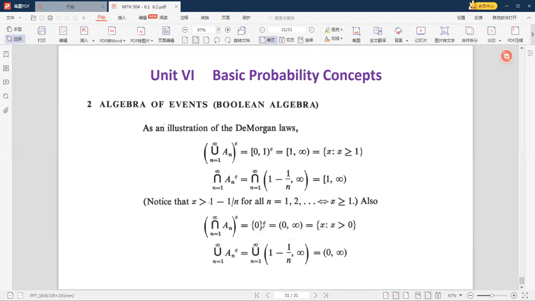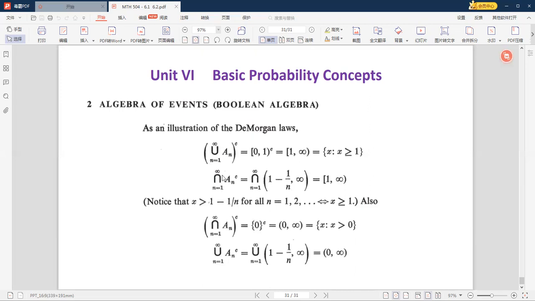Well, you can see these two things are the same, right? And they're both the interval from 0 to infinity. And that's what De Morgan's law says. If you take the union of the sets and take the complement, this should be the intersection of the complement of each set.